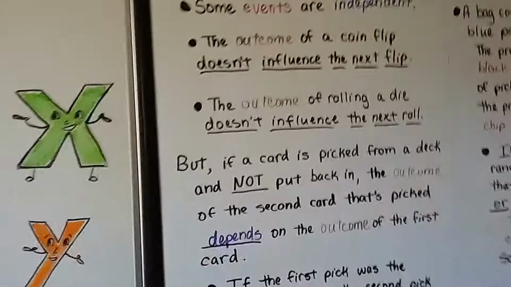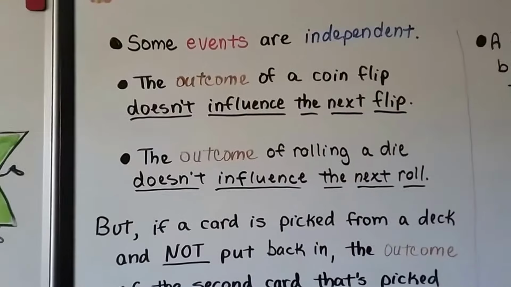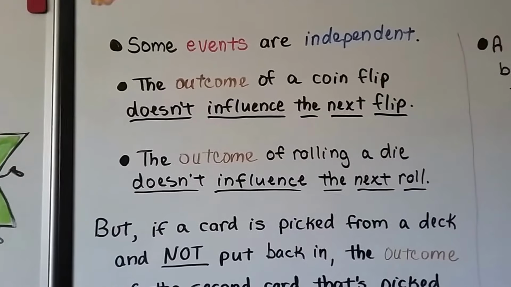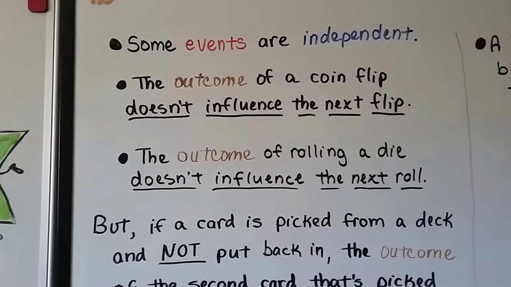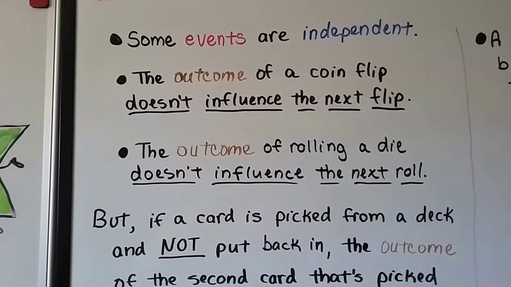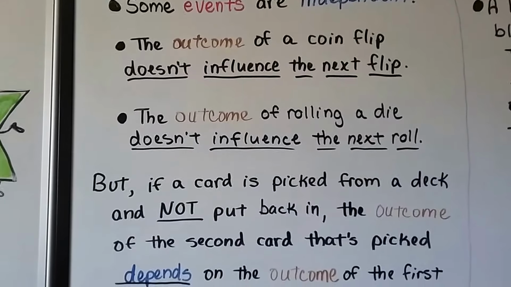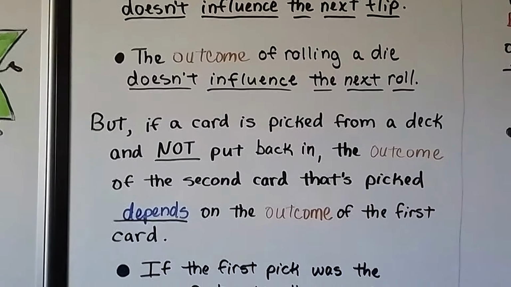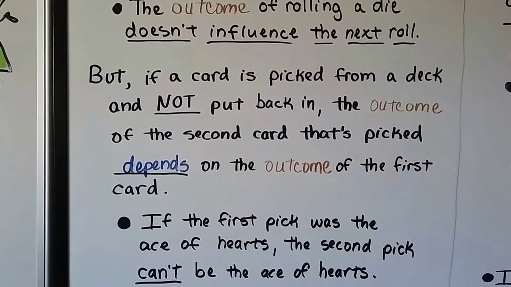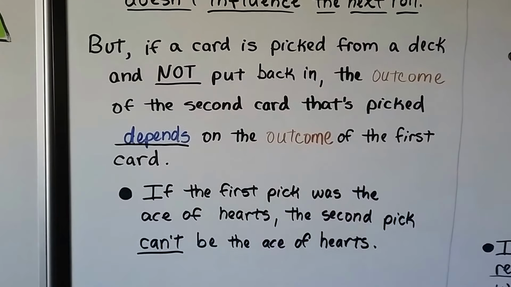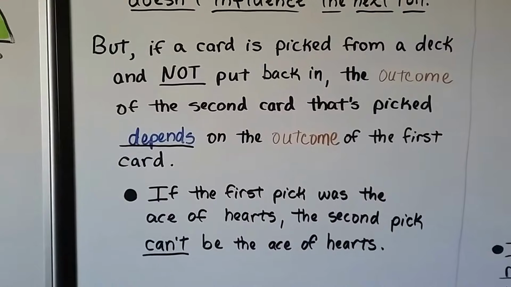Some events are independent. The outcome of a coin flip doesn't influence the next flip. The outcome of rolling a die doesn't influence the next roll. But if a card is picked from a deck and not put back, the outcome of the second card picked depends on the outcome of the first card.